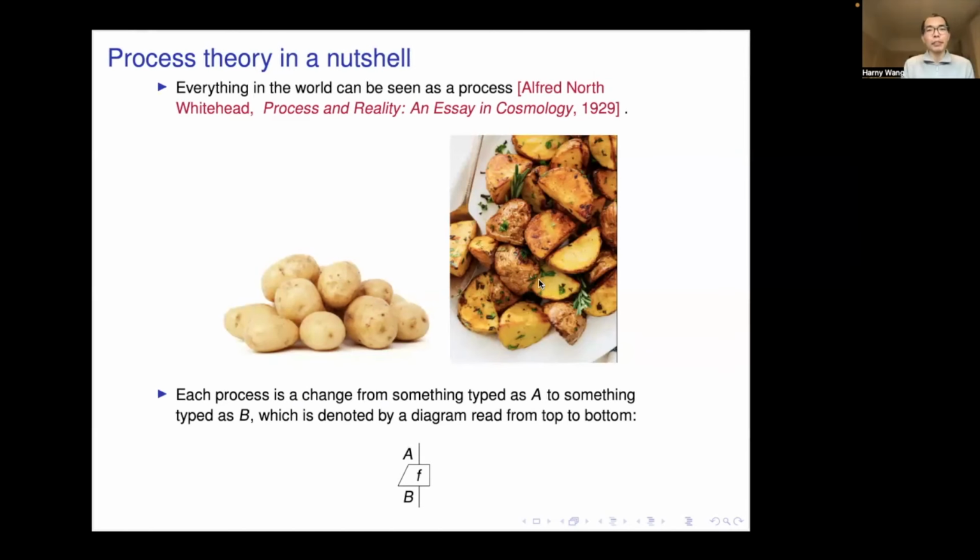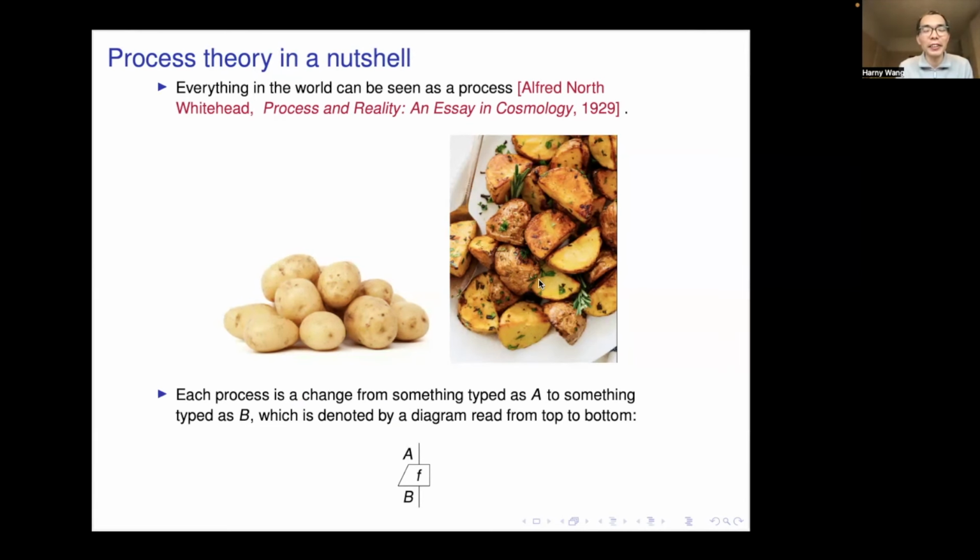So everything in the world can be seen as a process, but we want a both intuitive and mathematically strict theory for general processes. That's what we want. So how do we do that?